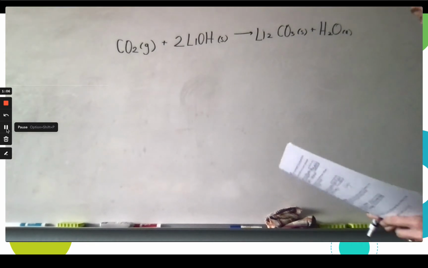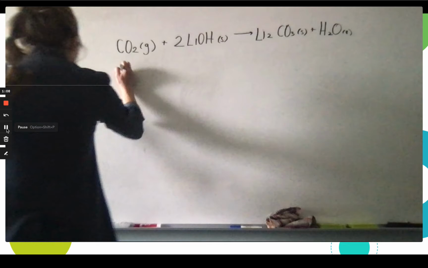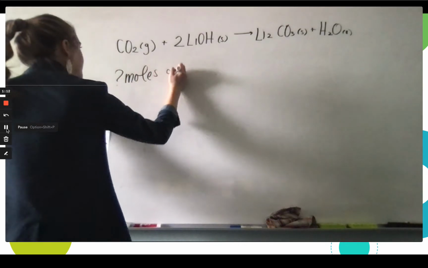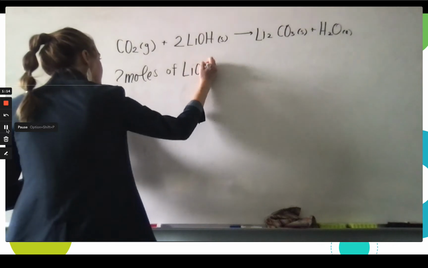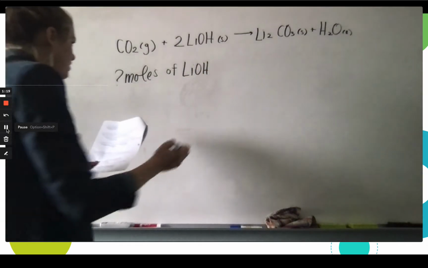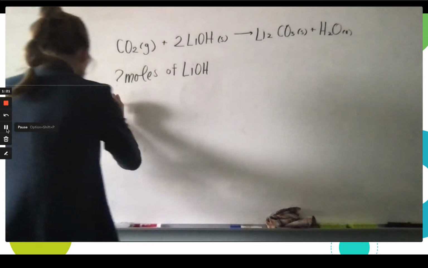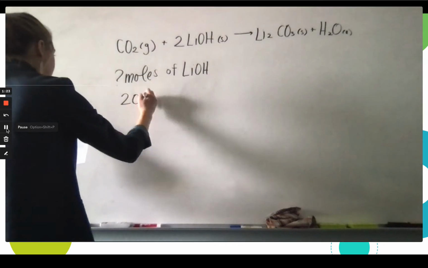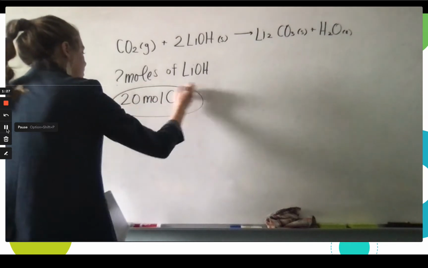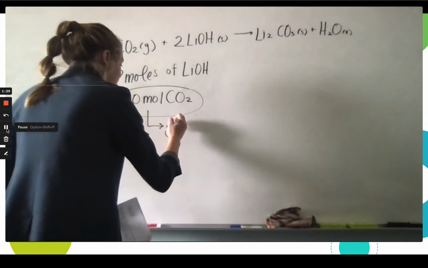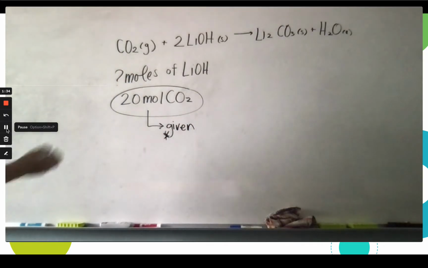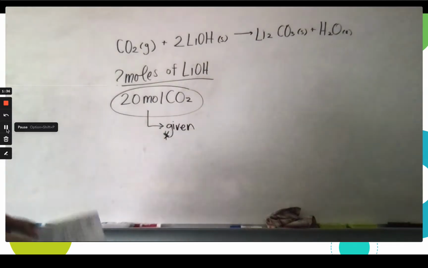So in our problem, it's asking how many moles of lithium hydroxide are required to react with 20 moles of CO2. This 20 moles we would circle because that's our given. That's what we're starting with. We always start with our given. And we're looking for moles of lithium hydroxide.